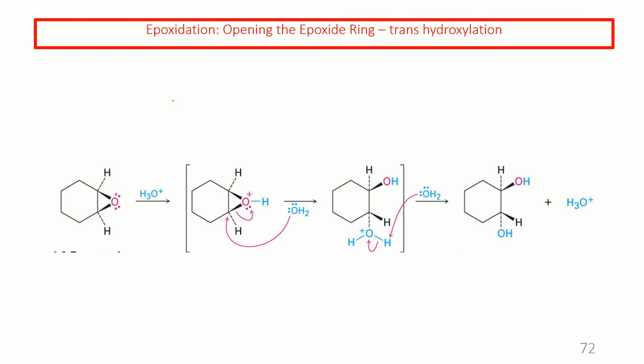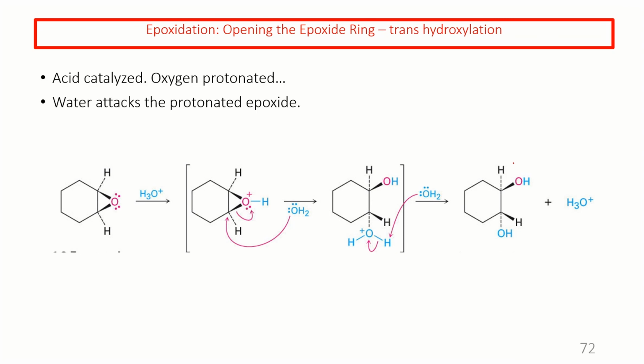Formation of these epoxides is terribly important to us, and we will focus on this reaction later on when we do ethers. But herein, if we treat this with an acid, we end up with a diol. But not just any diol, we end up with a trans diol.